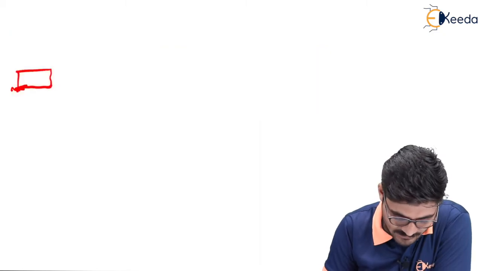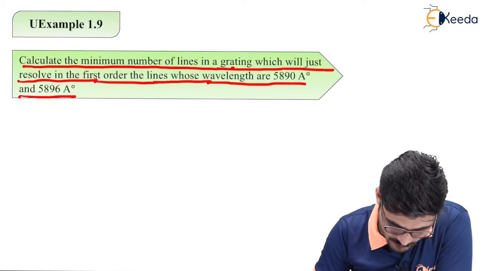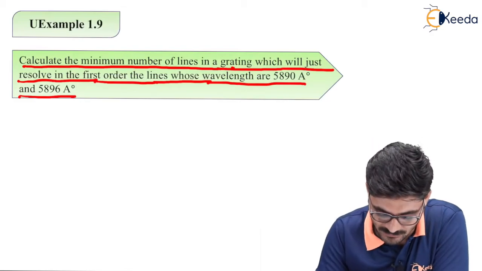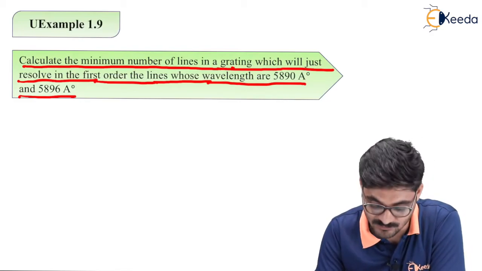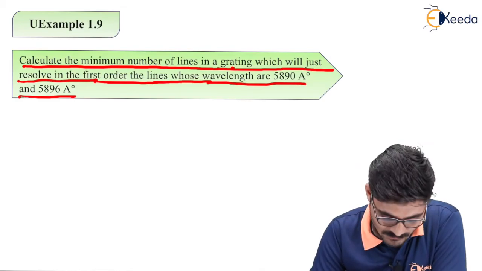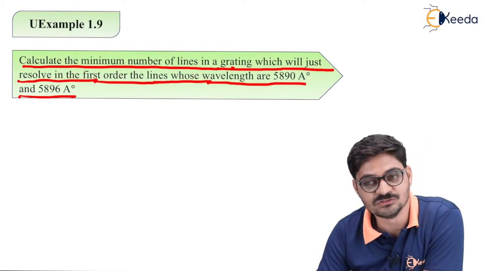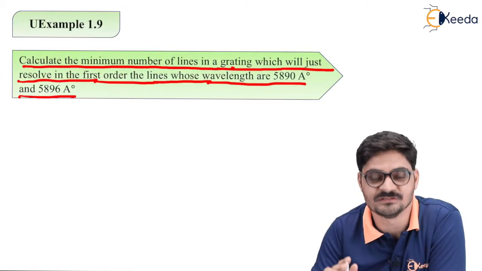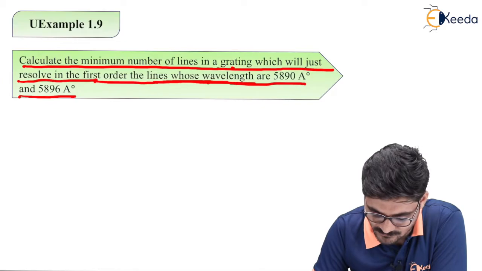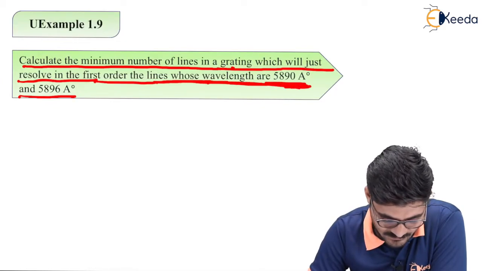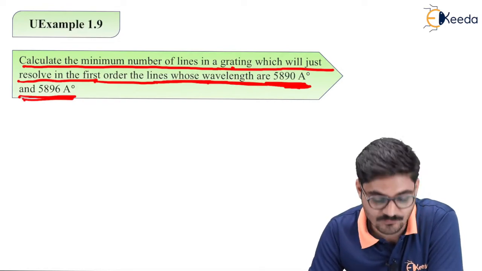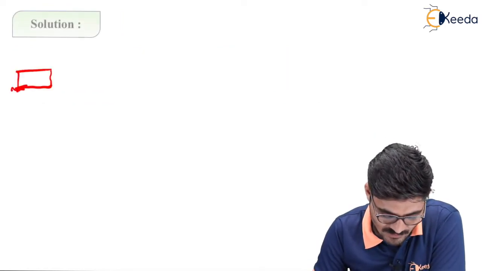According to the numerical, we have to calculate the minimum number of lines that should be drawn on the grating which will just resolve in the first order, meaning resolution should be produced in the first order itself, and the lines considered for diffraction have wavelengths 5890 Armstrong and 5896 Armstrong.